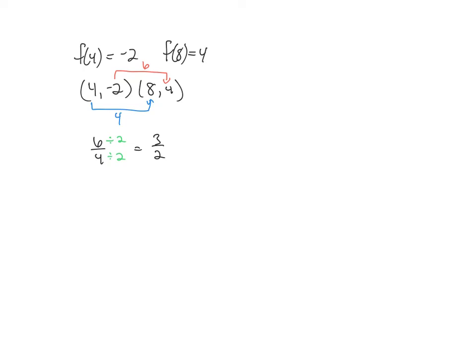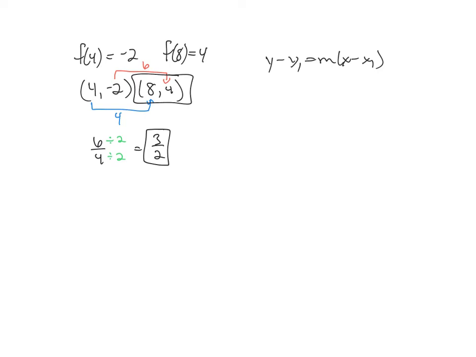Okay. All right. So found my slope. Now I go to point slope form. So I'm going to pick the 8 and the 4 because they're both positive.